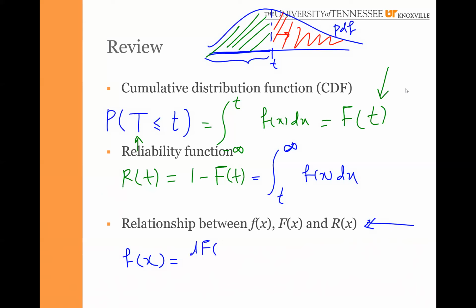If I want to get it from R, what happens then? Negative. Perfect. So I can go from each one. If I give you one and ask you for information about the other, you should be able to transition to the other one and give me whatever I want. Okay.